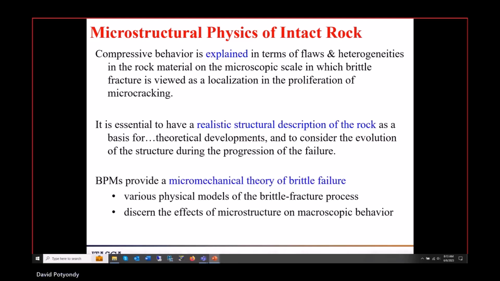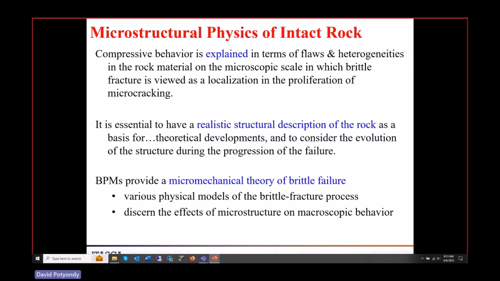Okay, I would argue that the bonded particle methodology can really be thought of as a full-blown micromechanical theory of brittle failure. Okay, because what can we do? We can make all sorts of physical models that exhibit all the behaviors I've been talking about for the brittle space of damage.